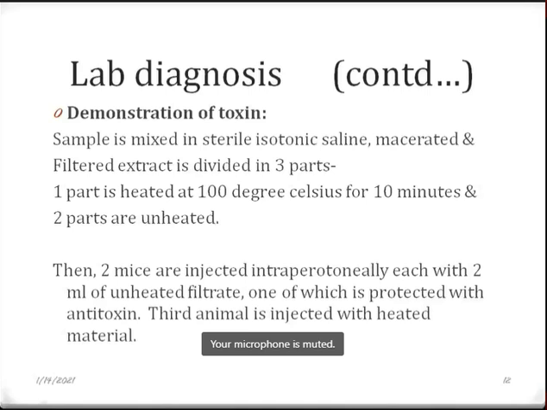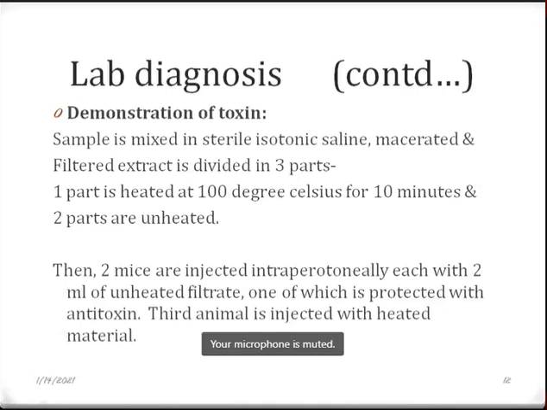That filtered extract is divided into three parts. One part is heated at 100 degrees Celsius for 10 minutes, and two parts are unheated.